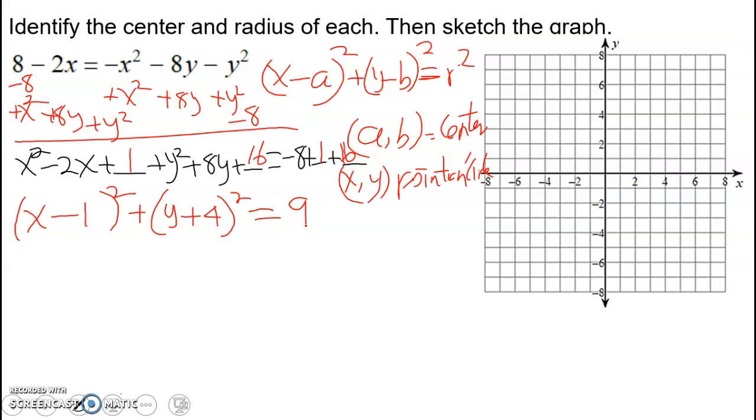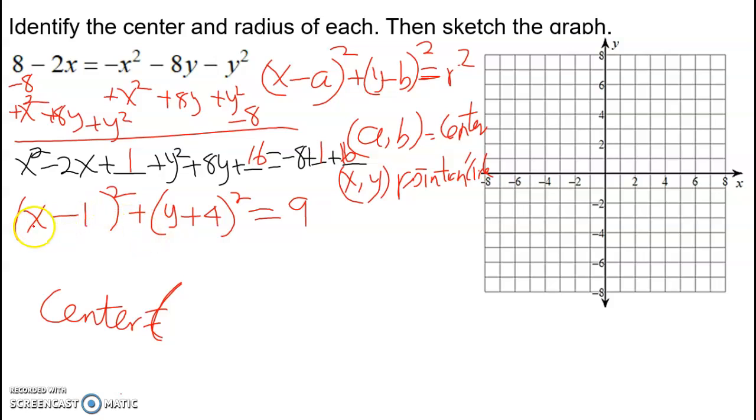All right? And now we see what we have. This equation now looks like the circle equation. So we're going to identify our center. What would be the center? Look at the pattern here. The center will be a and b. But remember, the minus is the difference between x and a, the difference between y and b.